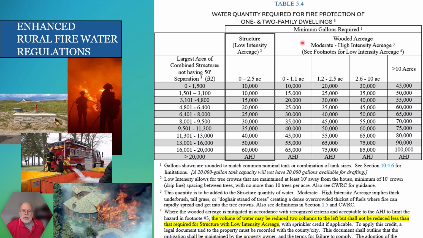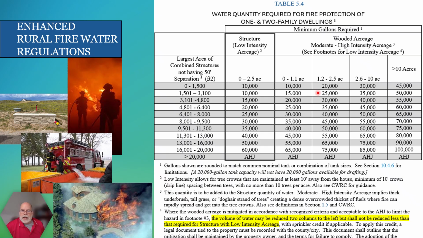So let's say we have a 2-acre property with a 3,000 square foot house at low intensity. It requires 10,000 gallons of water. Now, if we go to a 2-acre property with a 3,000 square foot house without mitigation, we now are required to have a minimum of 25,000 gallons of water. So that's an increase of 15,000 gallons from the 10,000 to the 25,000.